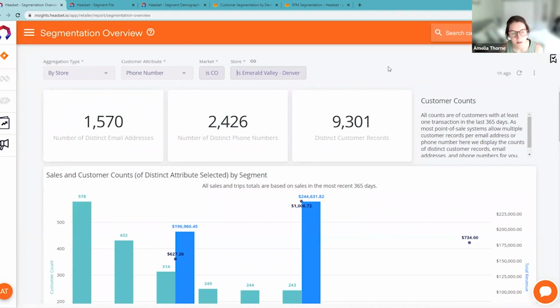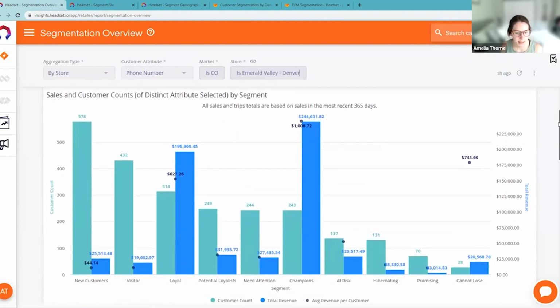There isn't a date range filter, you'll notice, so this is all going to be the last 365 days. Points of sale allow for multiple customer records, but we are only giving you the distinct customer record, email address, or phone number for you to look at. So we're not duplicating customer accounts. We're only looking at those distinct ones, if that makes sense.